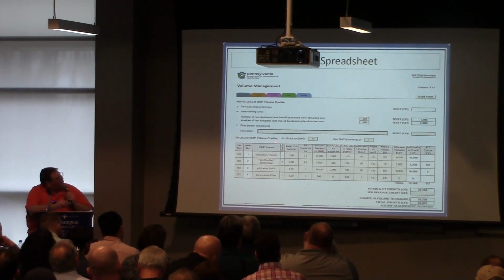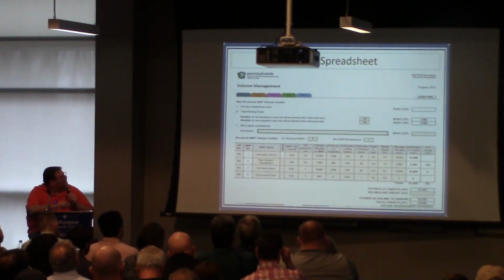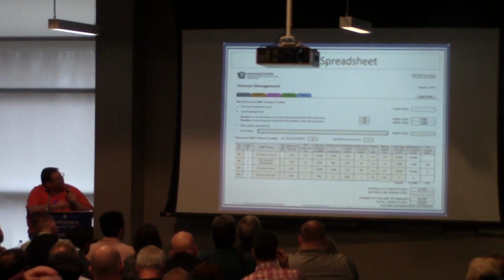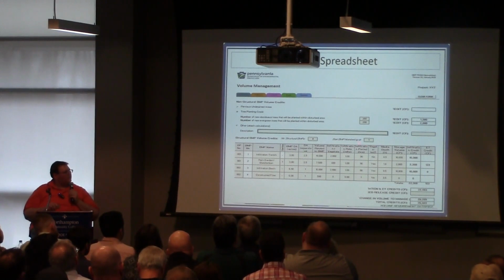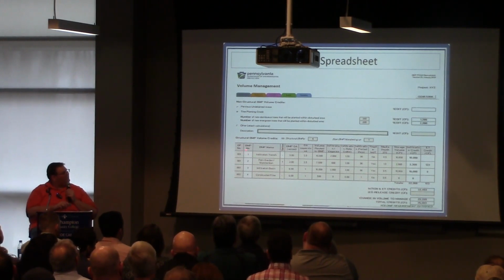Then you come up to your structural BMP credit, and again, you're going to enter in the number of structural BMPs that you have, and then how you're going to start your numbering. That will auto-populate 4 boxes.